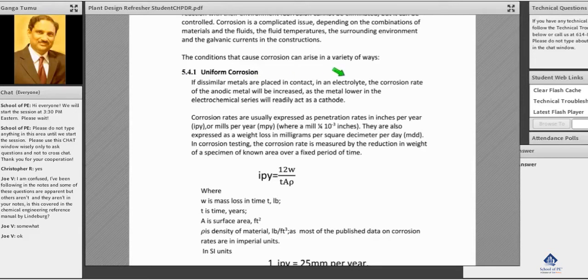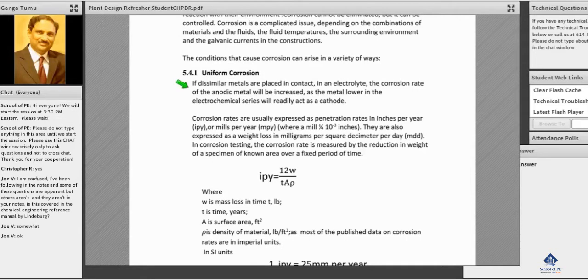If the surface of the metal is exposed to a particular contact or electrolyte, the corrosion rate of the anodic metal will increase, and the metal lower in the electrochemical series will readily act as a cathode.